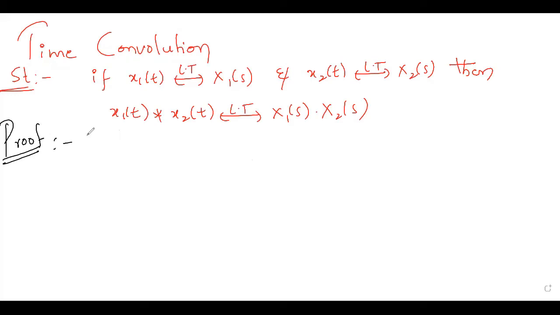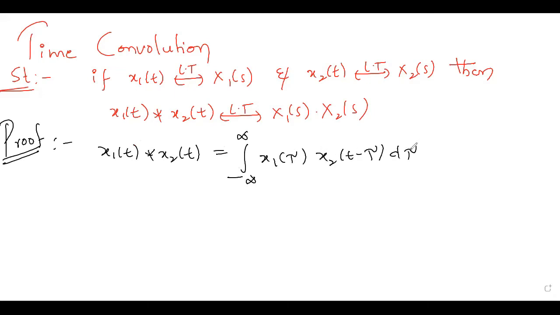Proof. Here we are going to use the definition of convolution. x1 of t convolution x2 of t. What is the formula we have for convolution? Minus infinity to infinity x1 of tau into x2 of t minus tau d tau.